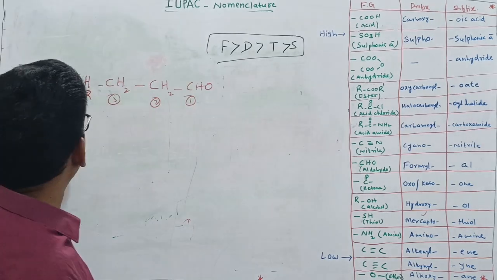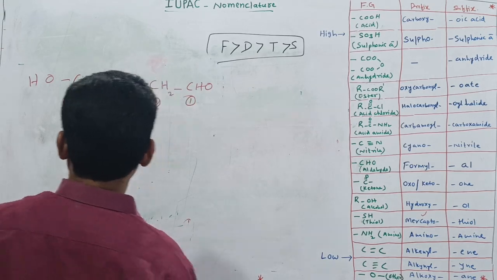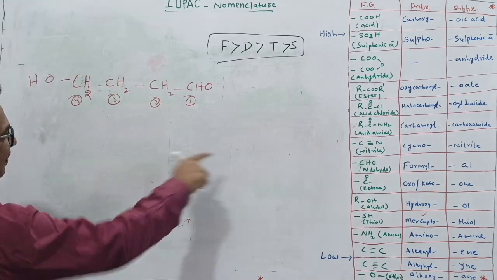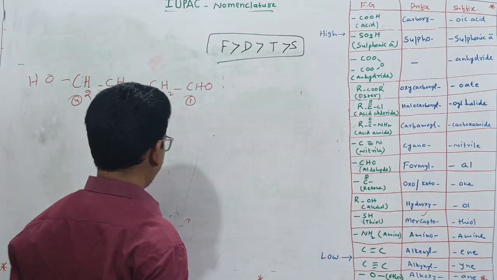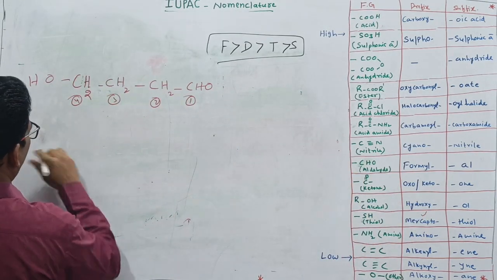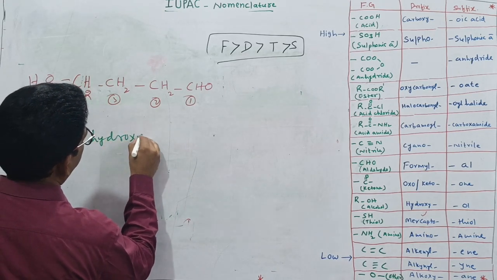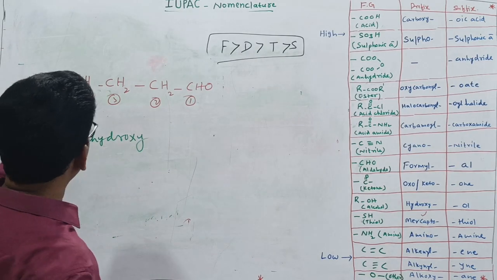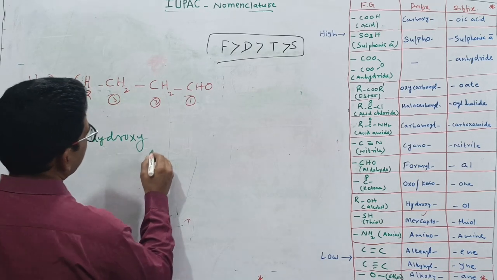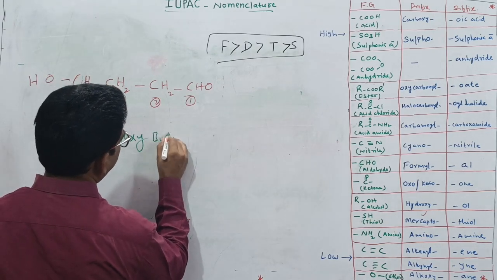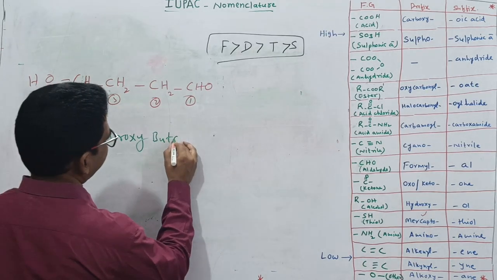Okay, then see how I am giving the name. OH means prefix hydroxy will come. कहाँ है चेक करो, यहाँ है hydroxy prefix. Which position? Fourth position. I will write 4-hydroxy. What is the word root? How many carbons does it have? 4 carbons. Then what will I write? But. 4-hydroxybutane.